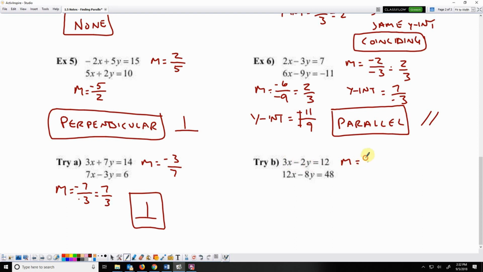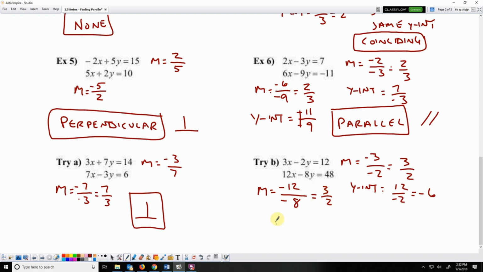Opposite of A over B is 3/2. Opposite of A over B, negative over negative is positive. 4 goes in 3 times and 2. We've got the same slope, so we need to check the y-intercept. C over B is negative 6.